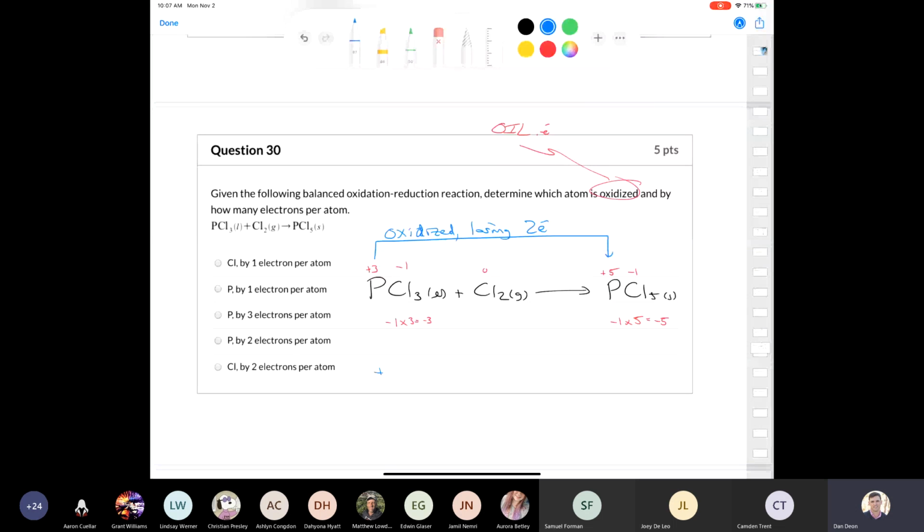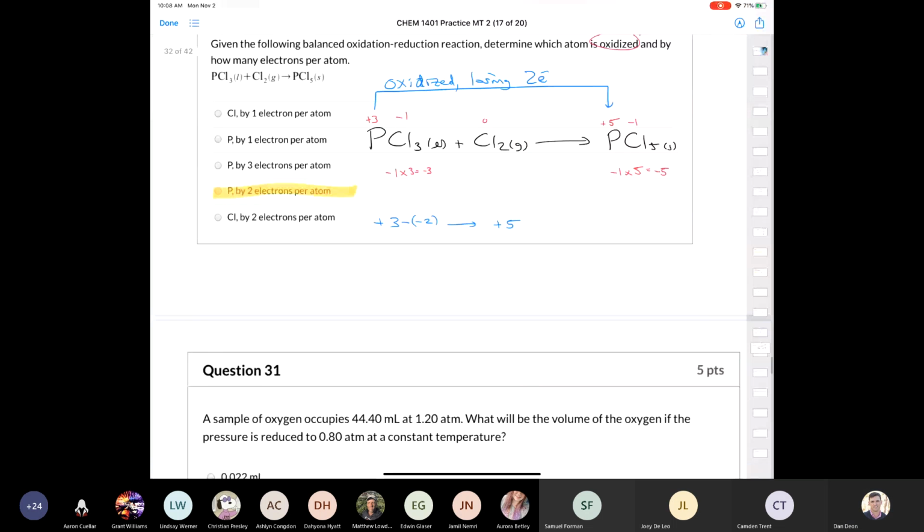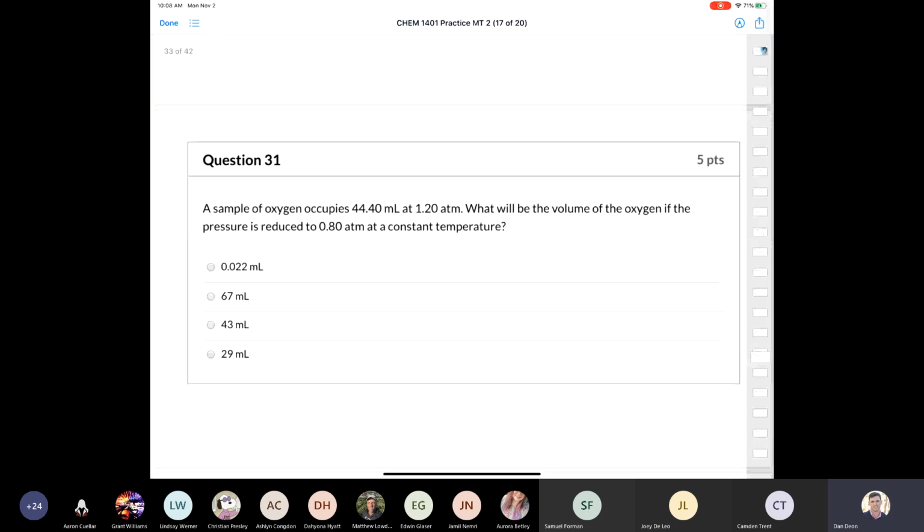Because to get from +3 to +5, it's got to lose 2 electrons. And so the answer is phosphorus is being oxidized by 2 electrons per atom. Number 31, let's get into some chapter 5 problems.